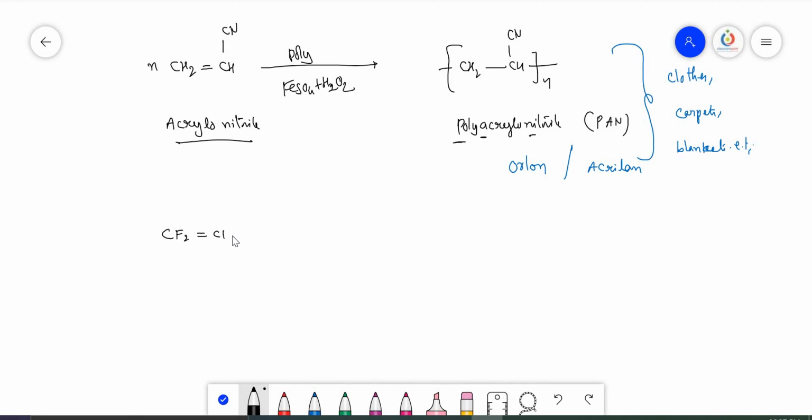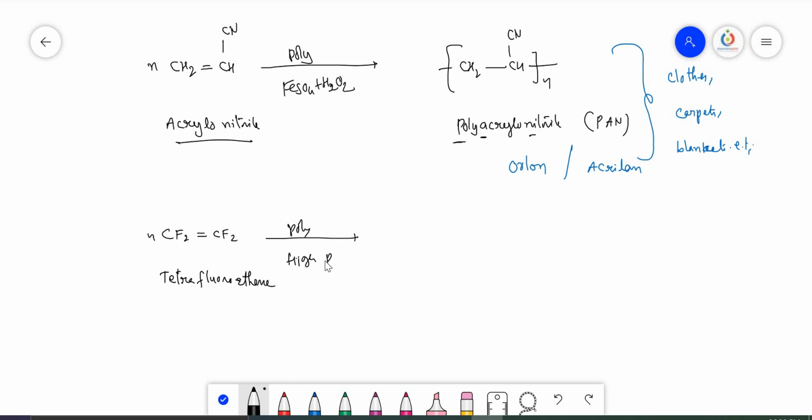Okay, now let us see one more polymer. CF2=CF2. Okay, this is called tetrafluoroethene. N number of times you take, again subject to polymerization at a high temperature and high pressure.